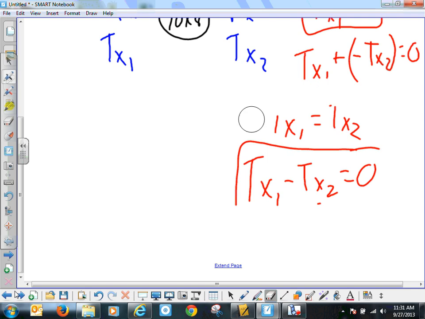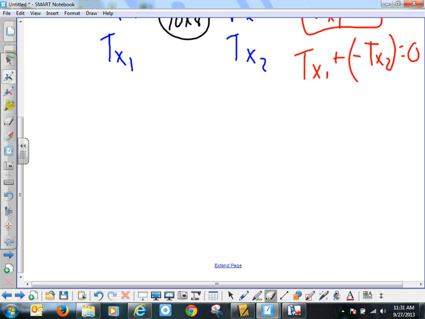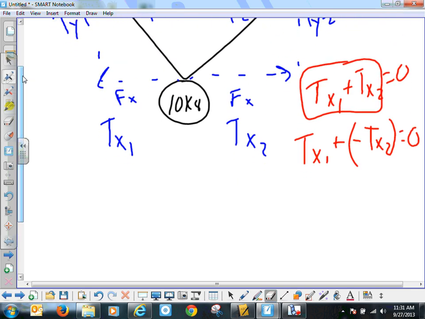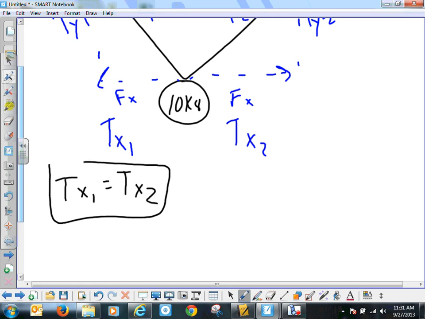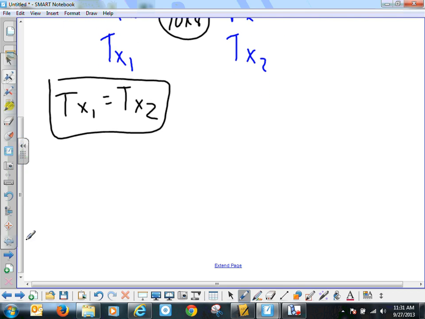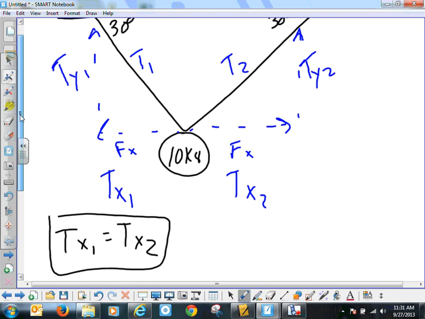Okay, so if we want to look at how we solve these, there's going to be a bunch of different ways to solve these questions every time. So I'm just going to write down a couple formulas here that I know. I'm going to say Tx1 equals Tx2. So that's a formula, right? I'm going to say Ty1 plus Ty2 equals, now here's the question, what does it equal?